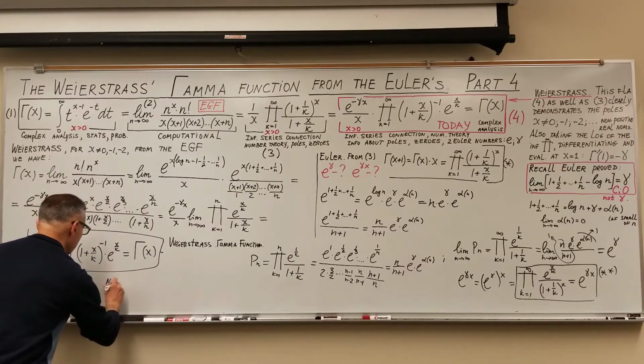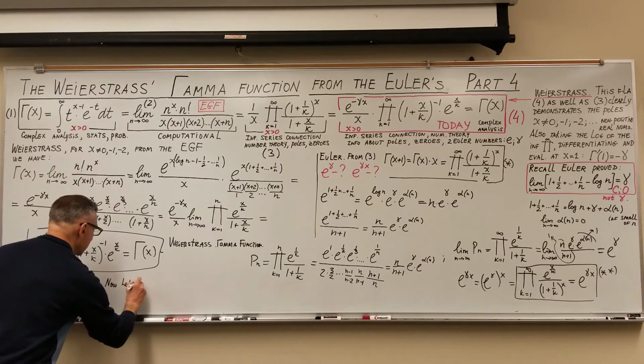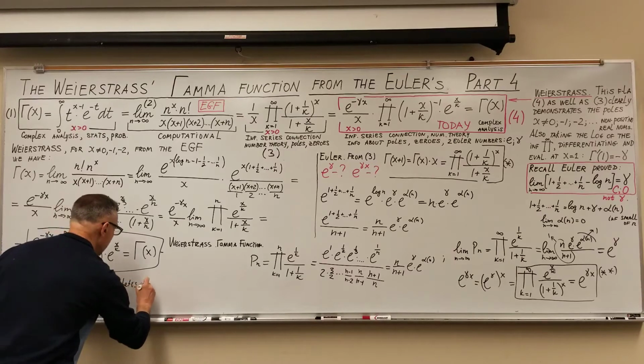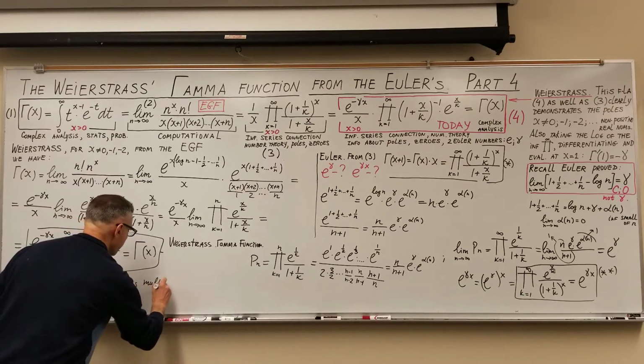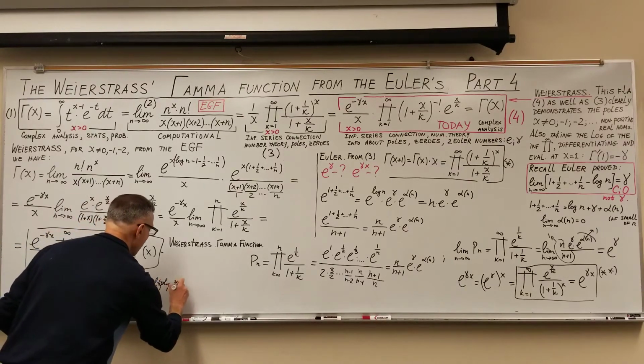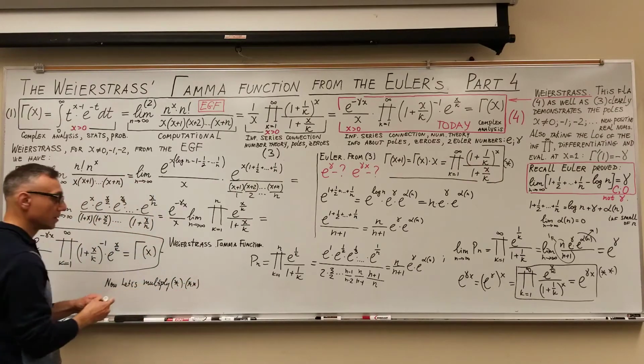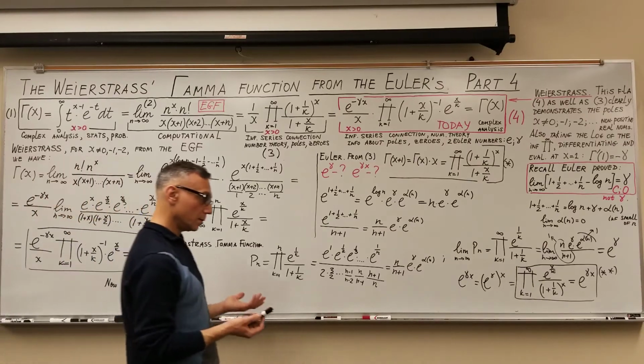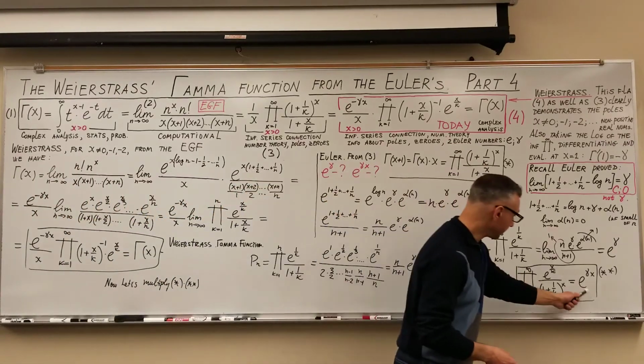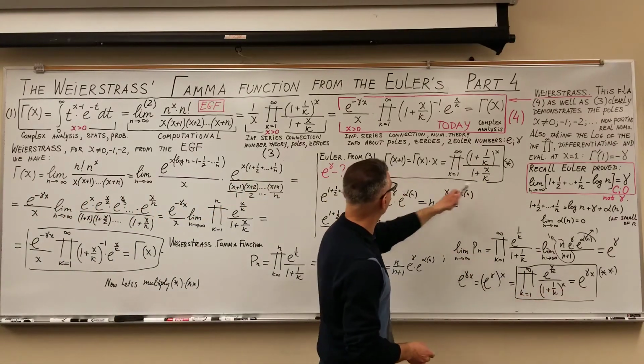Now, let's multiply the 1-star by the 2-star formula. We multiply 2-star by the 1-star.